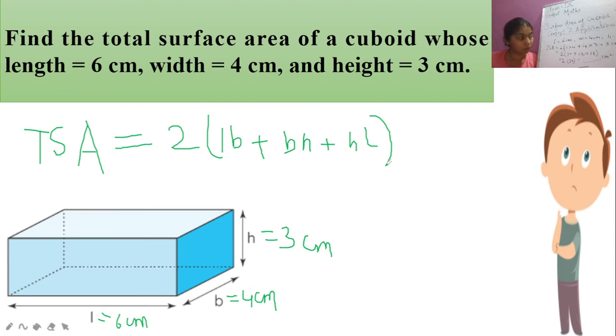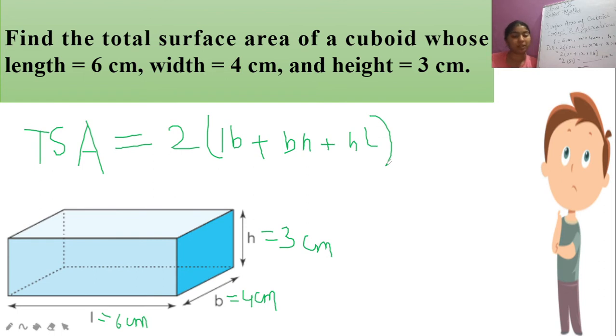Students, the unit is the same, right? Because we are calculating the area, it should be centimeter square, because we are dealing with centimeters only. If we have meters, then we have to go with meter square. If we have other units like inches or feet, then we have to go with that unit.